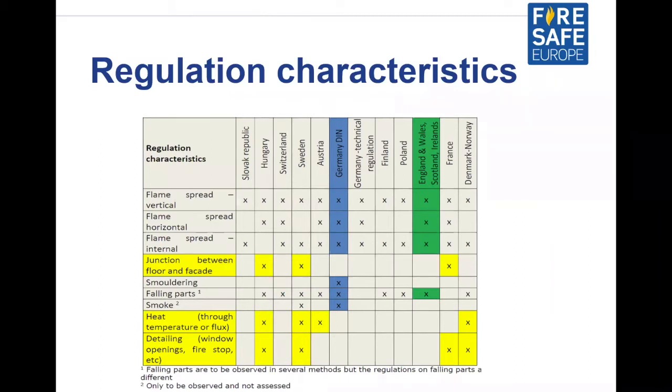For example, window openings or fire stops and those kinds of details. So this shows a menu of what characteristics are regulated in Europe at present. So we had to find a methodology where all these characteristics could be included.